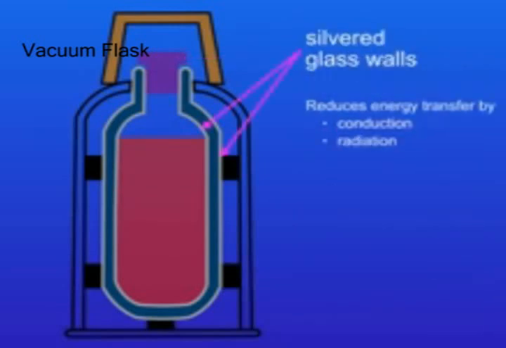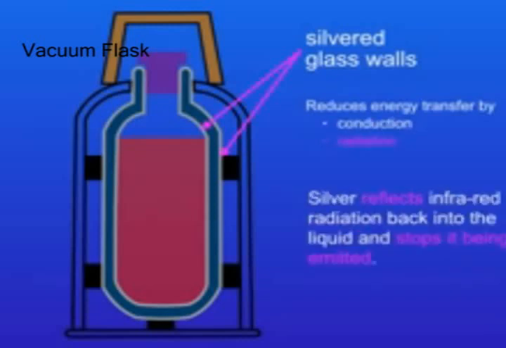Now, the silvered glass walls. This reduces heat transfer by conduction and radiation. Glass is a poor conductor, so that reduces heat transfer by conduction. Silver reflects infrared radiation back into the liquid and stops it being emitted.